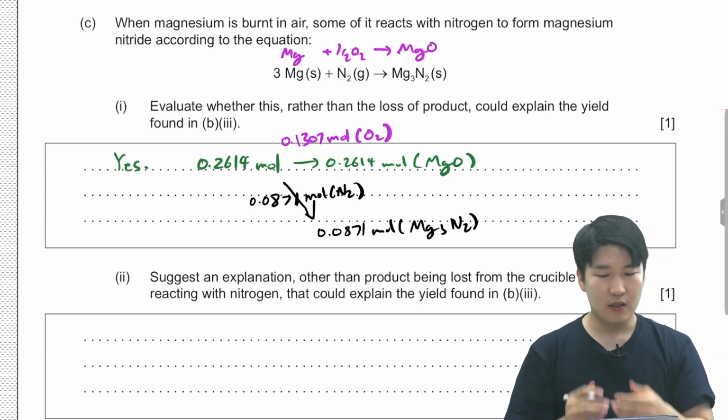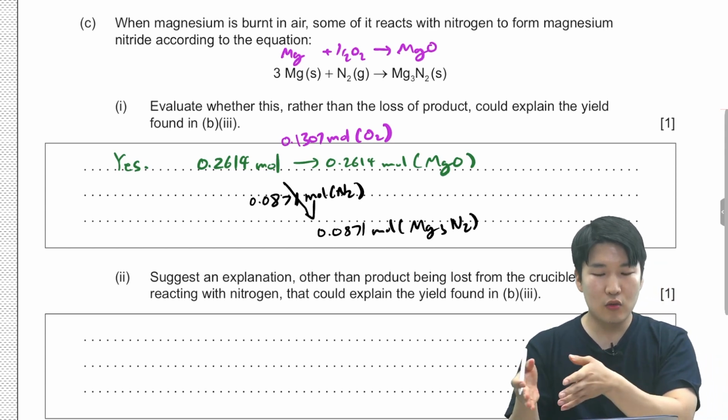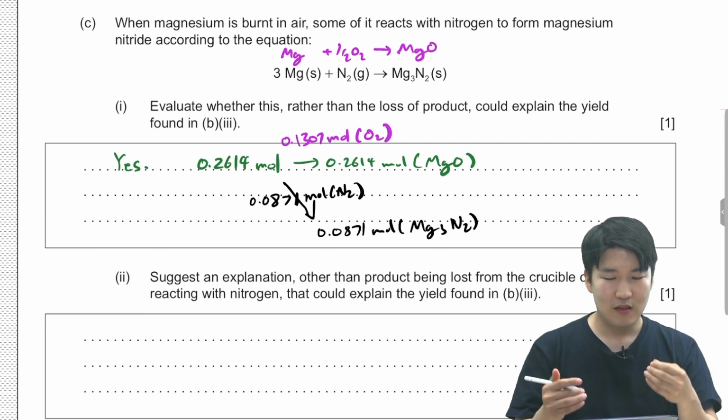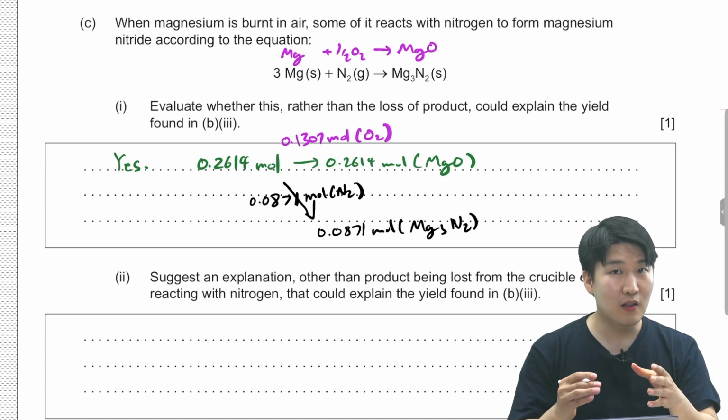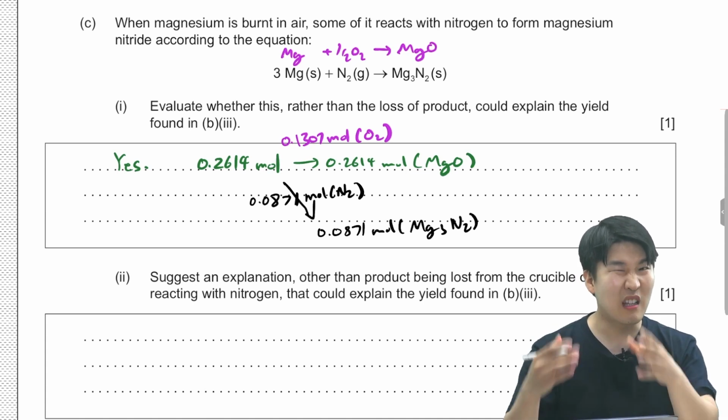We're only forming that. And if we convert that into mass of magnesium oxide and magnesium nitride formed, let's see how the mass of product differs.